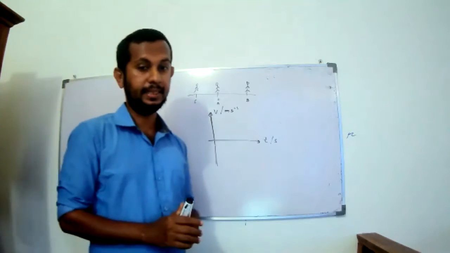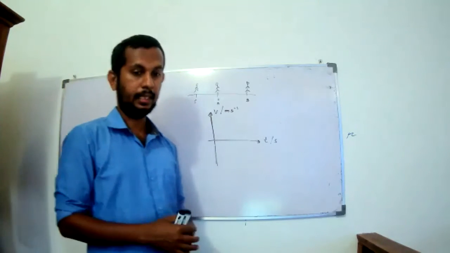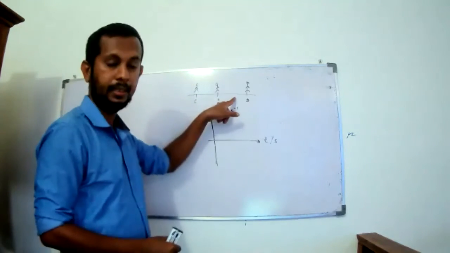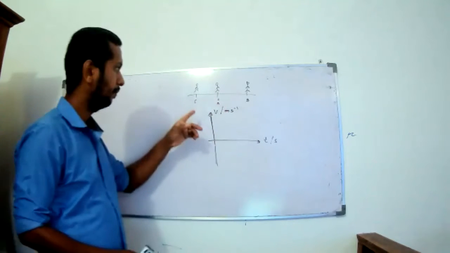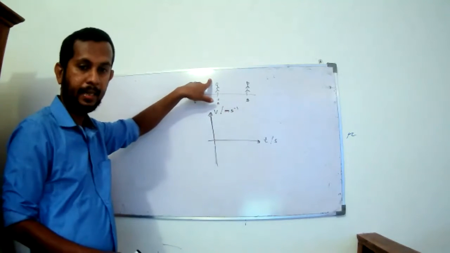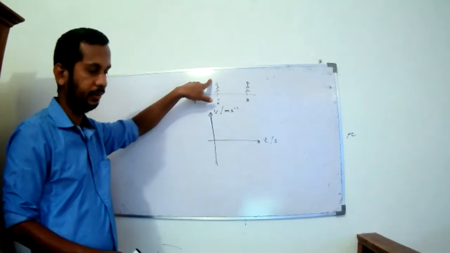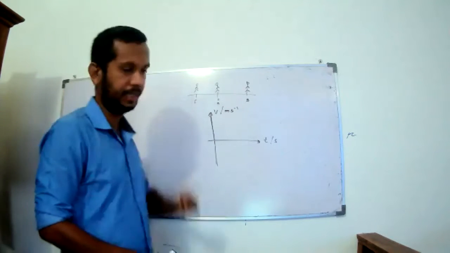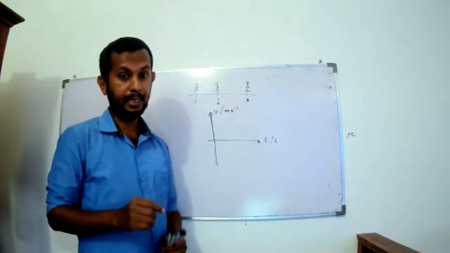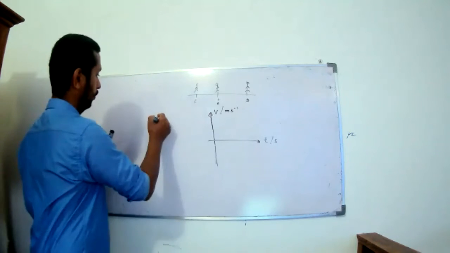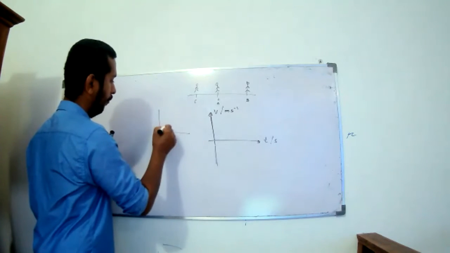Person sitting at rest. So he is at rest in all three places, right? The heading should be person sitting at rest. I have told you about this in the ST graph. I am going to draw an ST graph.